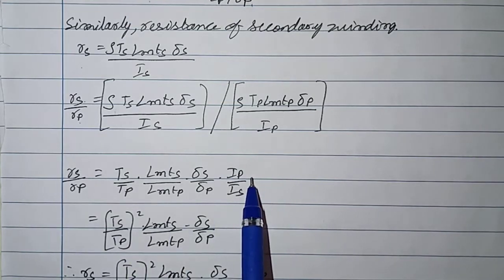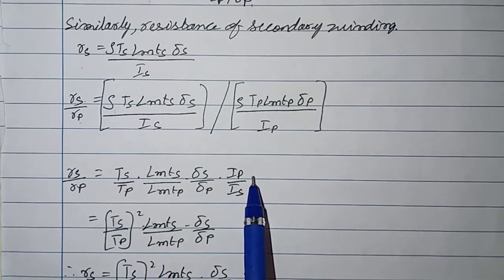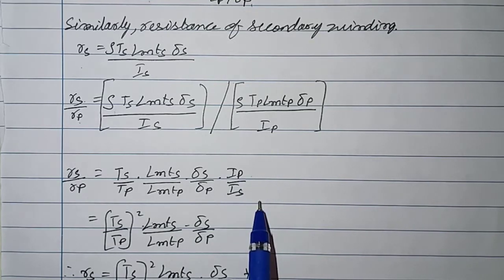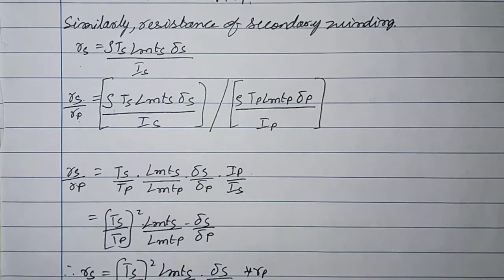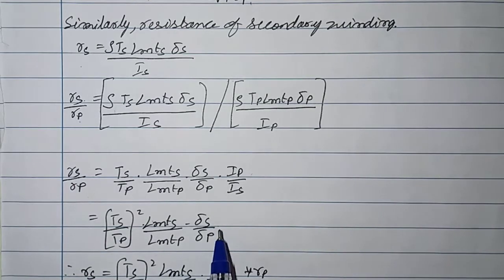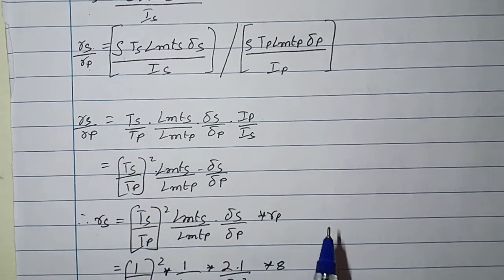By the basic equation, TP by TS is IS by IP, so TS by TP is equal to IP by IS. So IP by IS is replaced by TS by TP, therefore it is TS by TP square, then LMTS by LMTP as it is, delta S by delta P. Therefore RS will be equal to this whole expression into RP.